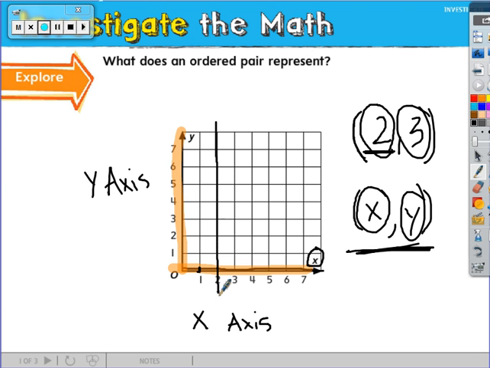Then I go to my y-axis, and how many am I going to count up? 1, 2, 3. Same thing. Then I'm going to draw a line. Where the 2 intersects, that's my point.